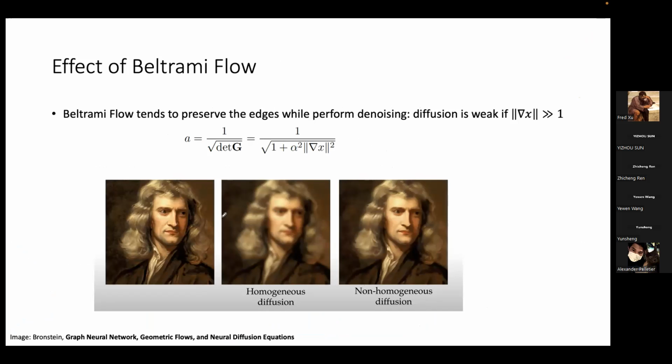Homogeneous diffusion doesn't make any distinctions. It just makes everything more blurry. But with this Beltrami flow, they're able to detect the edges, and then they only diffuse along the edges. That's how the Beltrami flow is different from the standard Laplacian equation, for example.